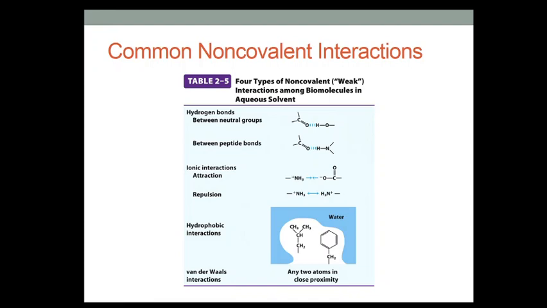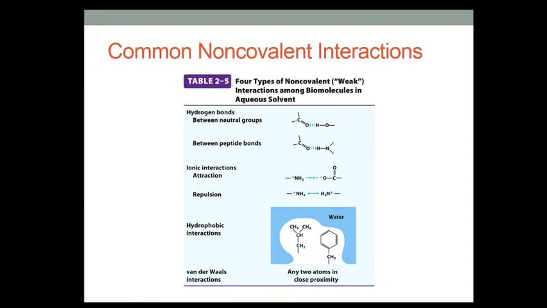So these can be hydrogen bonds, ionic interactions, hydrophobic effect, van der Waals interactions. All four of these non-covalent interactions are contributing to the overall three-dimensional structure for a biomolecule. This is a network of interactions. So the network leads to significant stabilization of overall structure.